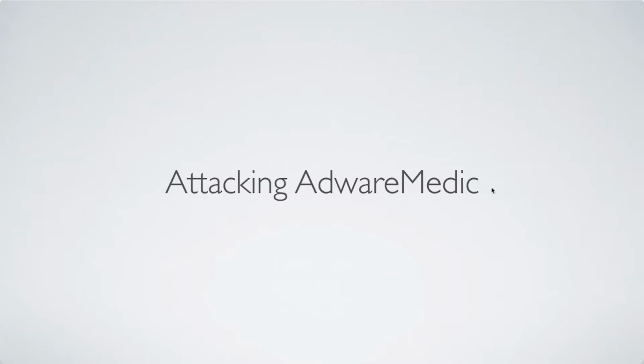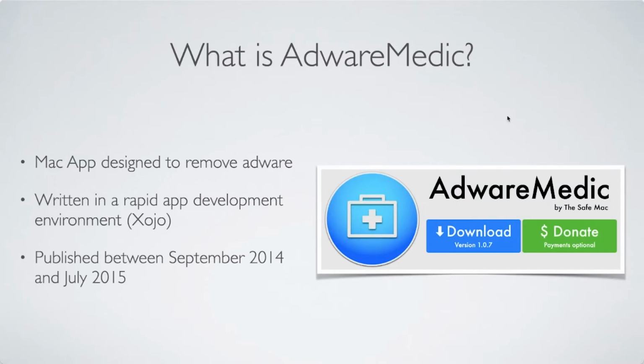What I'm going to do is walk through an example of attacking my own old software, Adware Medic. If you're not familiar with Adware Medic, I know a lot of you are, but some may not be. This was an old Mac app that I wrote that was designed to remove adware from Macs. And at the time that I wrote it, I wrote it in a rapid app development environment, formerly known as RealBasic.